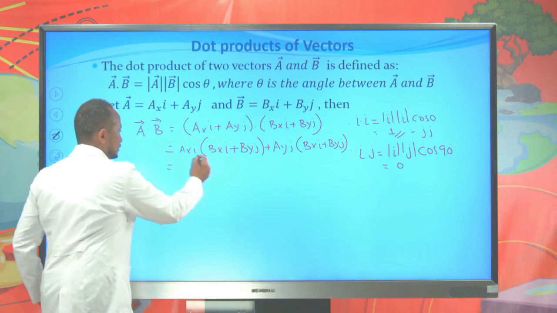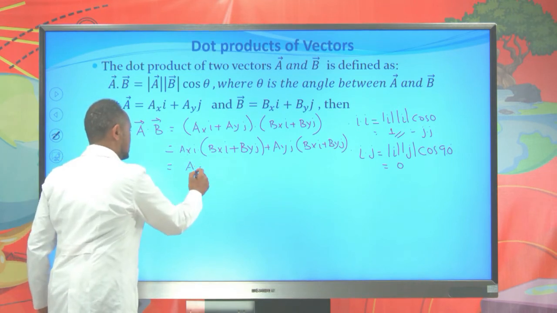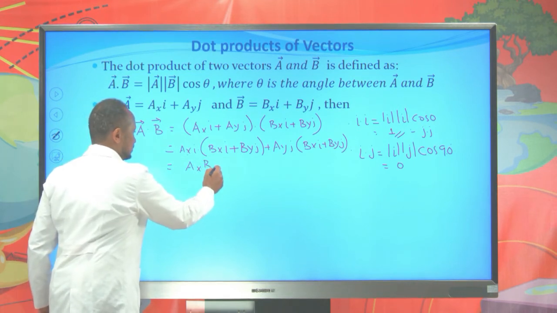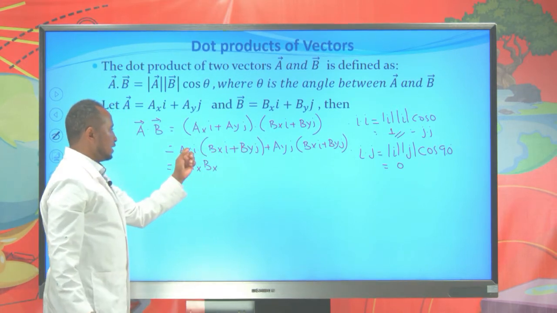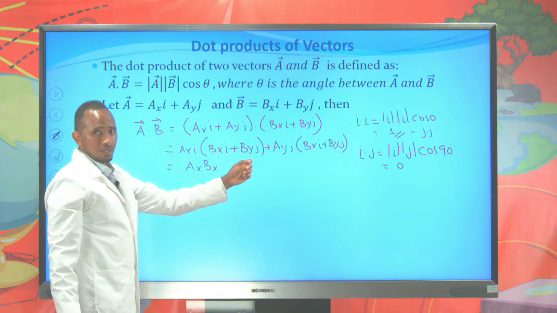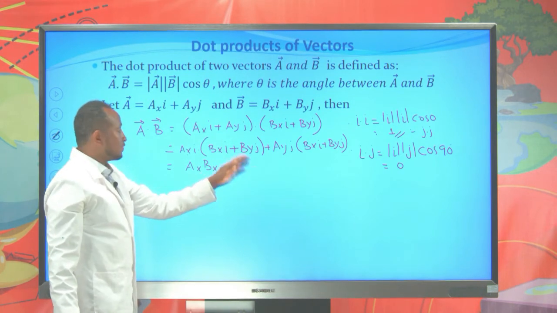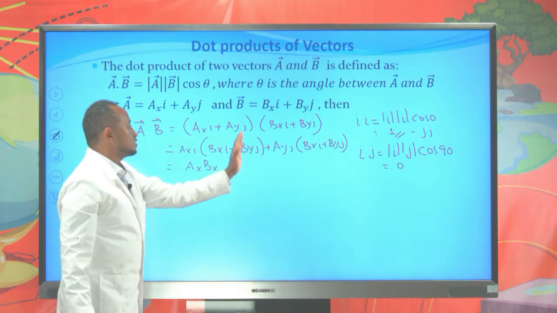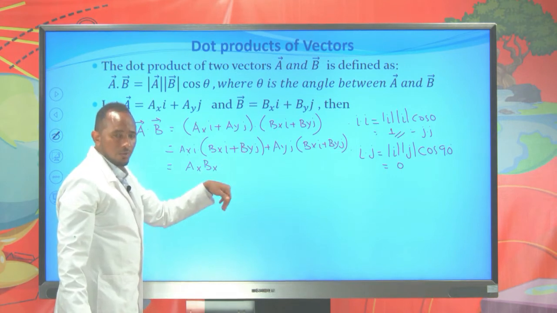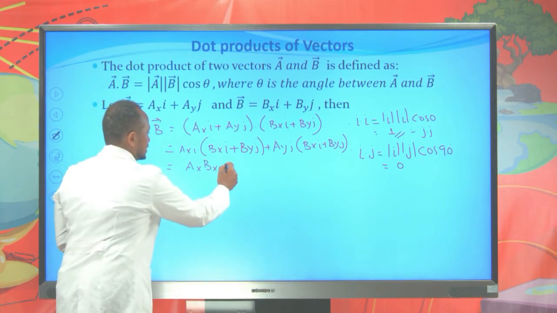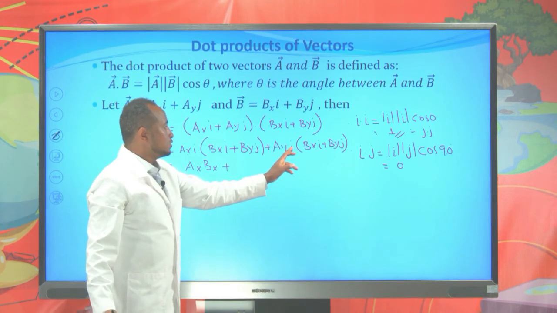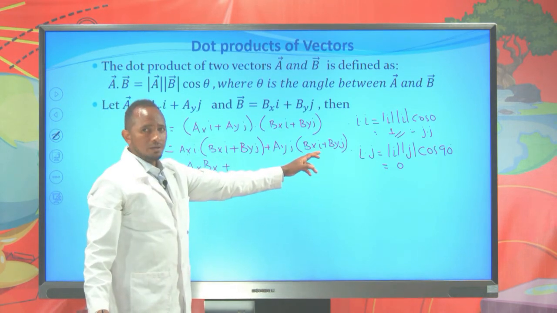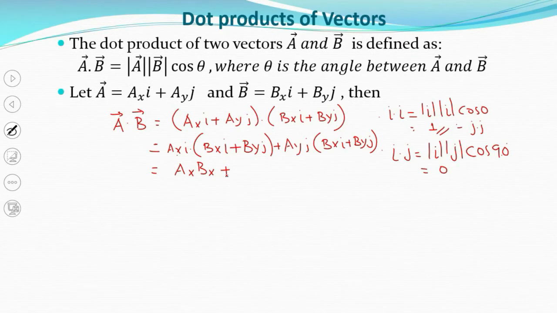Therefore, that term is A_x B_x. The dot product of A_x i with B_y j is A_x B_y times i dot j. i dot j is 0, therefore this term is 0. Plus, let's continue to the other part. Look at this one, A_y j dotted with B_x i. j dot i is 0, therefore this part will also be 0.